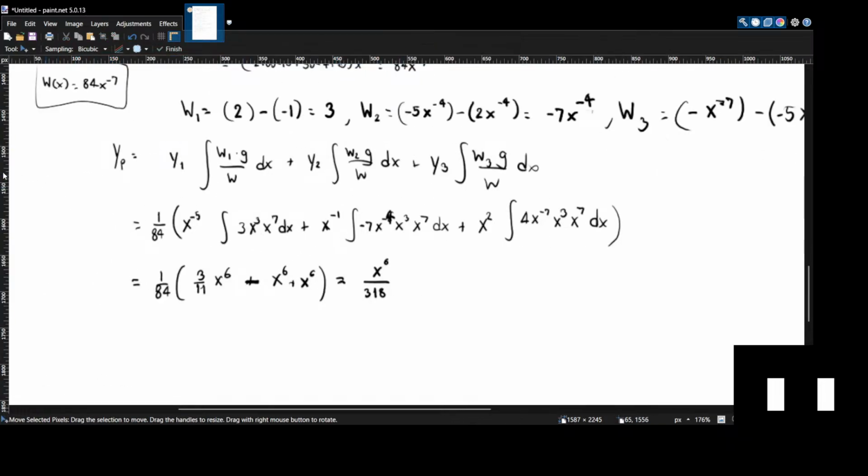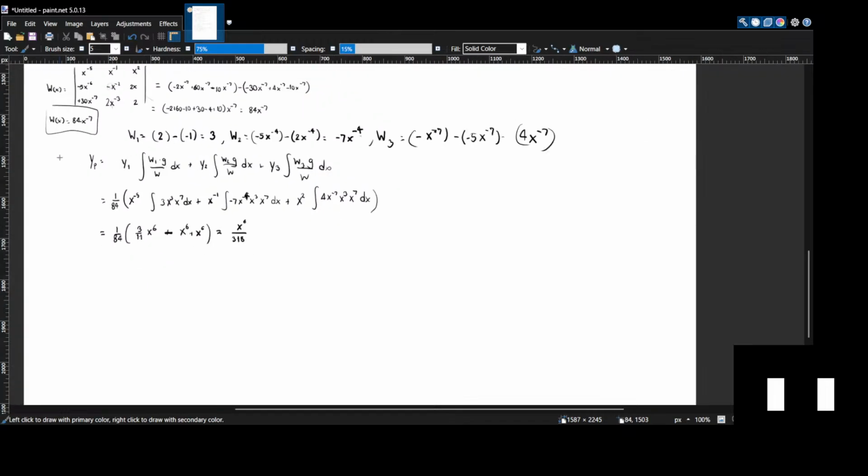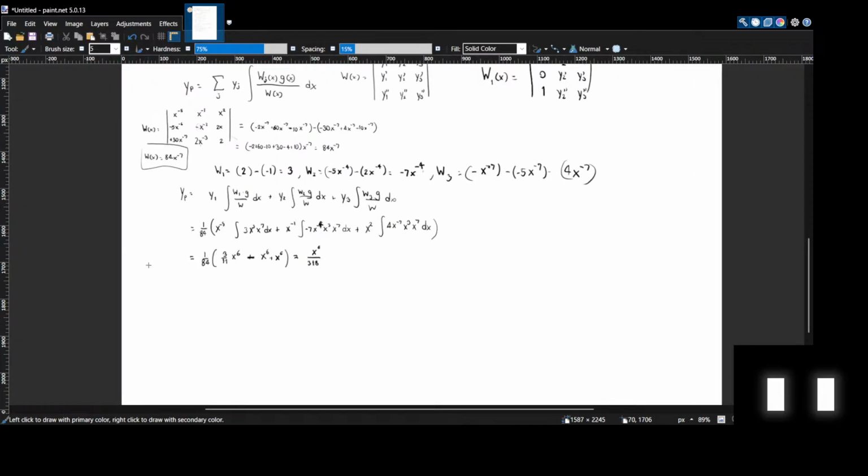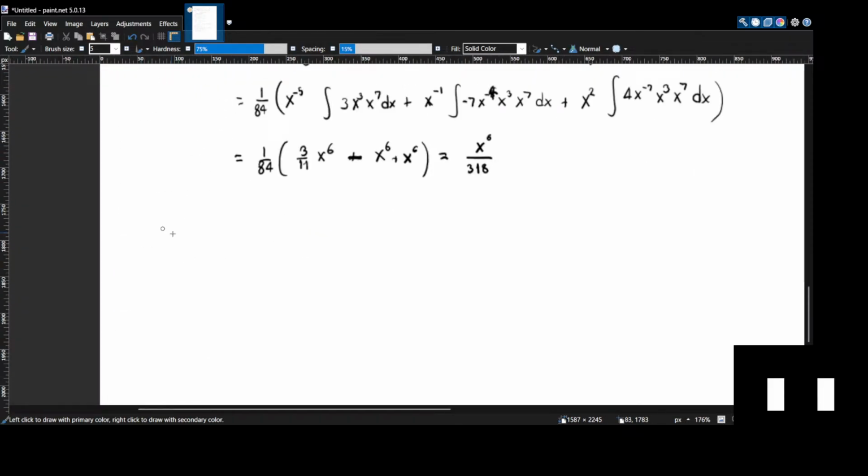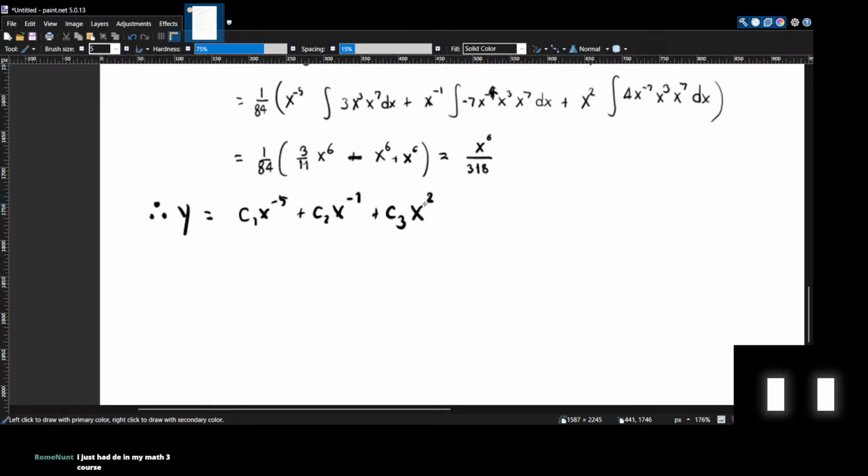All right. And therefore, the overall y is going to be equal to c1 x to the negative 5 plus c2 x to the negative 1 plus c3 x squared.